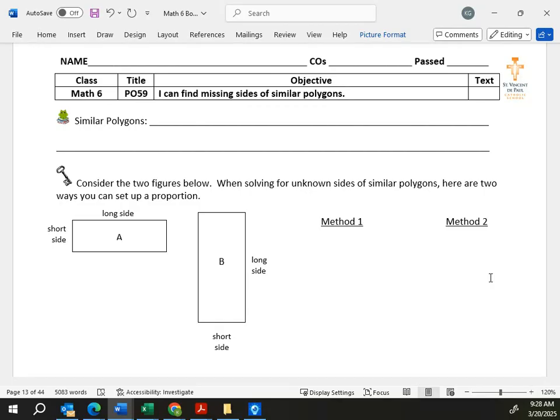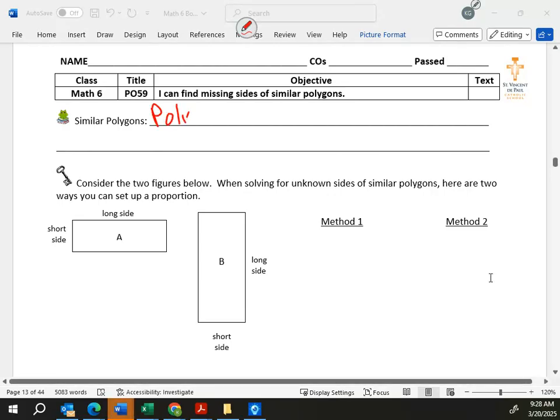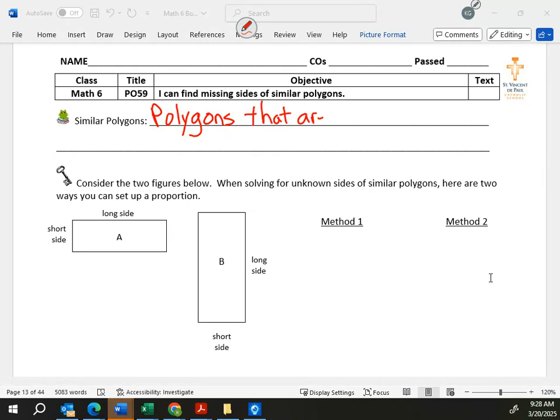So remember, similar polygons are polygons that are the same shape but different sizes.